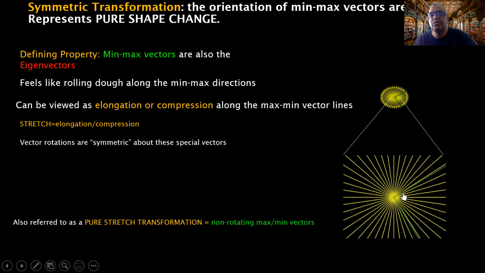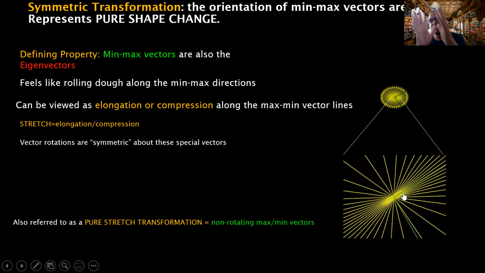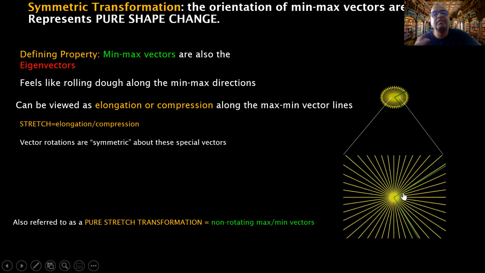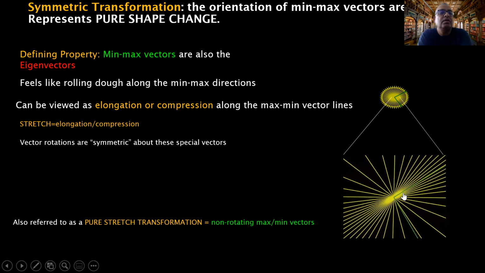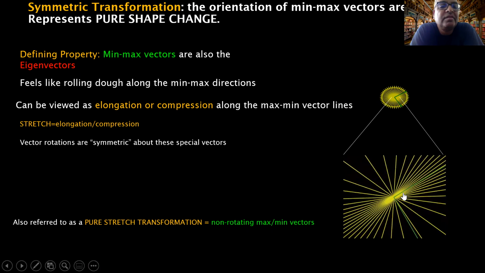Can you see that? So vectors will rotate towards the major axis and away from the minor axis. That's what is happening. So this is also referred to as a pure stretch transformation. It will have non-rotating maximum and minimum vectors. That is the geometric intuition.